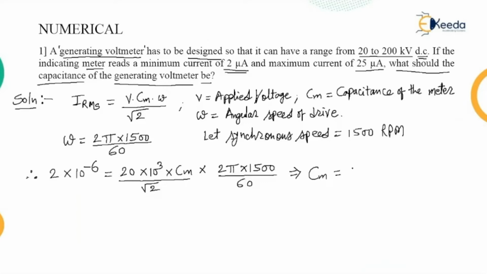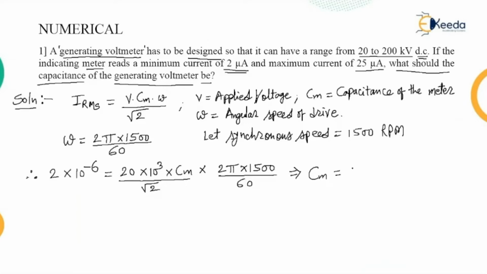So here, let us do the cross multiplication. Here you have 2 into 10 raised to power minus 6 multiplied by root 2 multiplied by 60 divided by 20 into 10 raised to power 3 multiplied by twice pi into 1500.